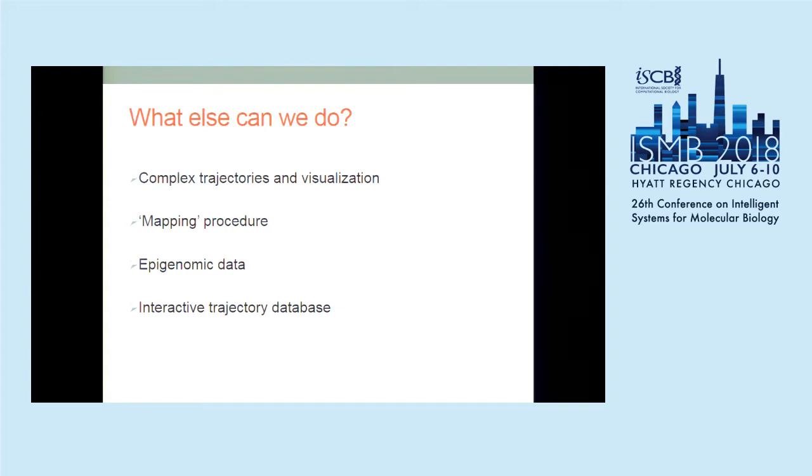Also, almost all of the methods are designed for transcriptomic data sets, like single-cell RNA-seq, but very few methods can handle epigenomic data sets. And last but not least, an easily explorable and interactive single-cell trajectory-based database would be super helpful.